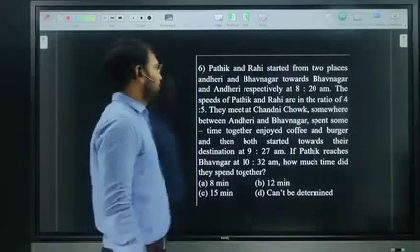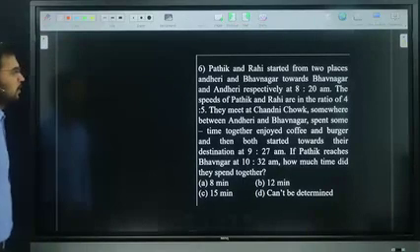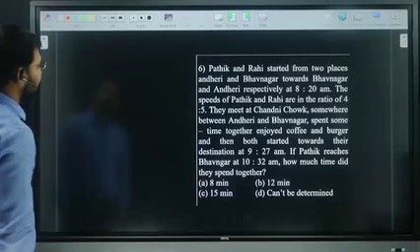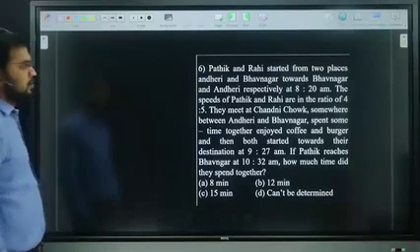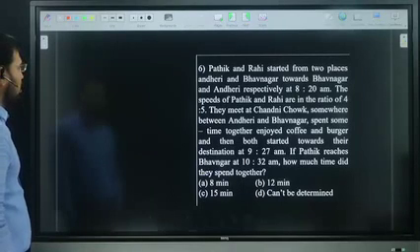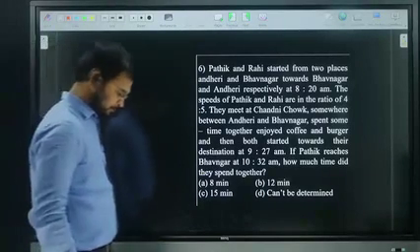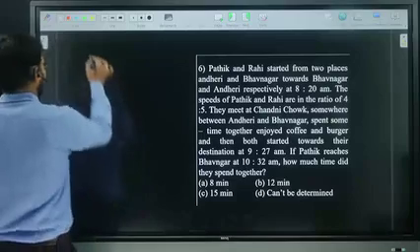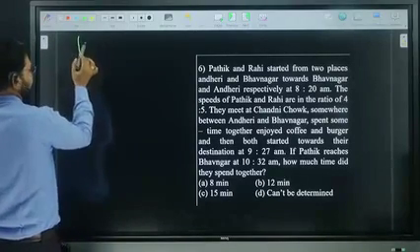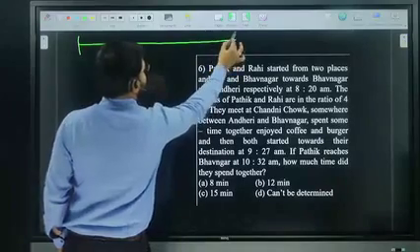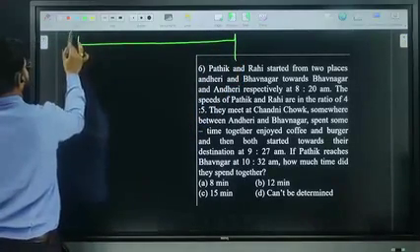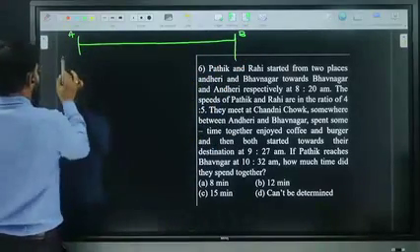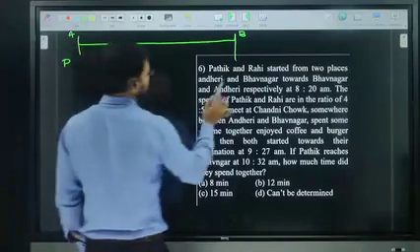Patik and Rahi started from two places, Andheri and Bhavanagar, towards Bhavanagar and Andheri respectively at 8:20 a.m. This is Andheri, this is Bhavanagar. Patik starts from here, Rahi starts from here.